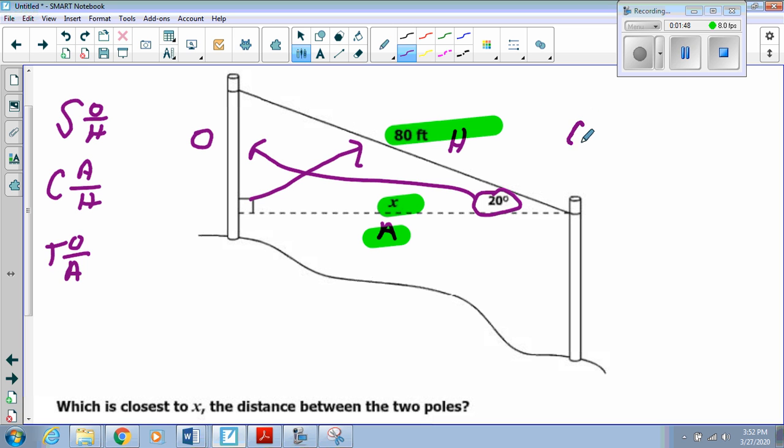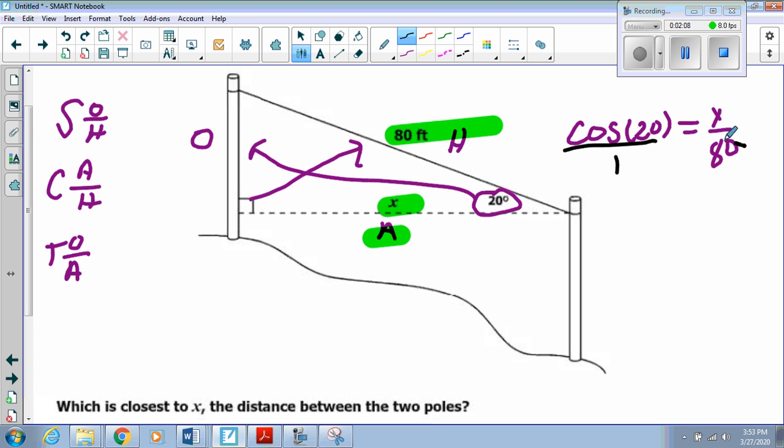So we're going to say cosine of our angle, which is 20, is equal to our relationship of A over H. So X over 80. And here we're going to cross multiply, right?